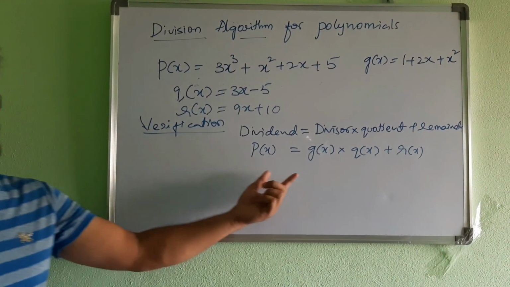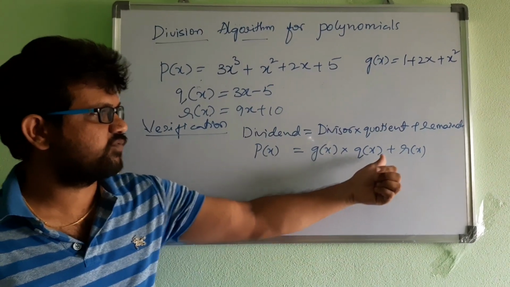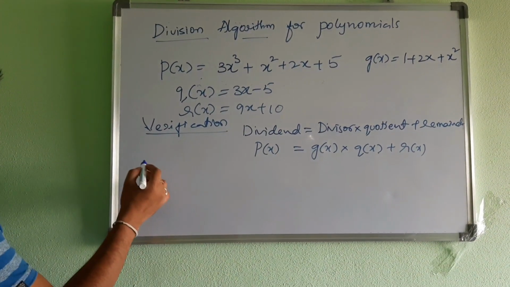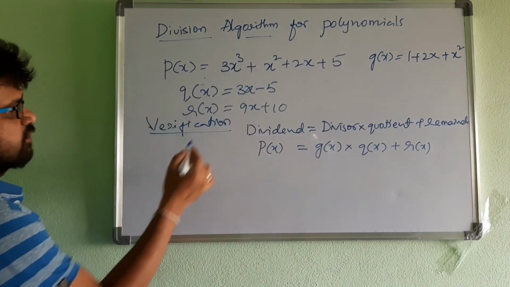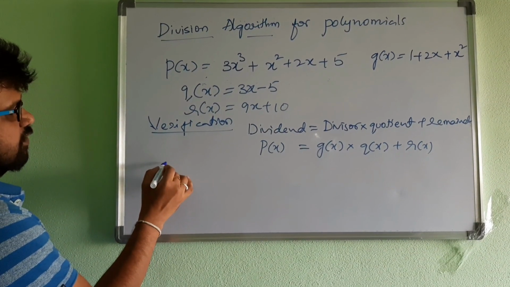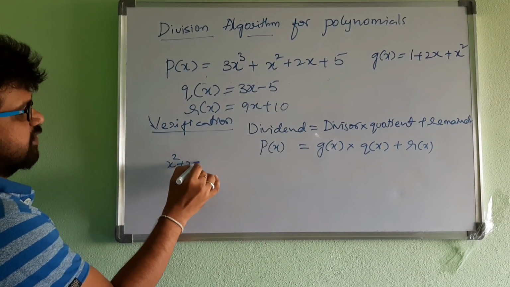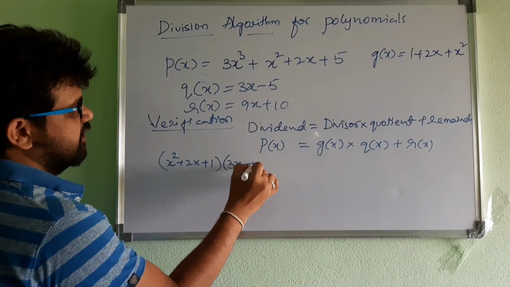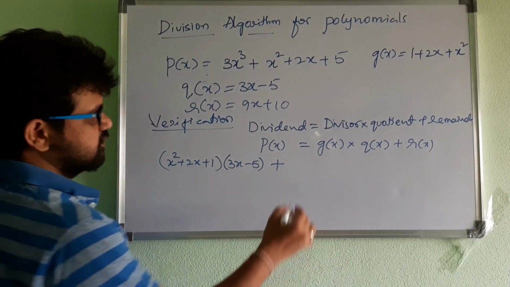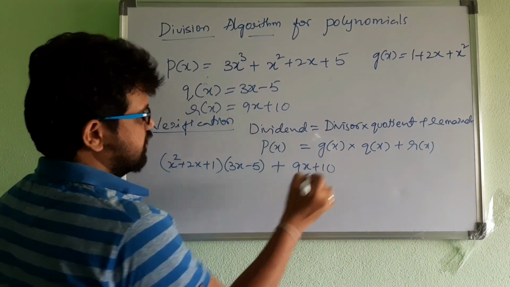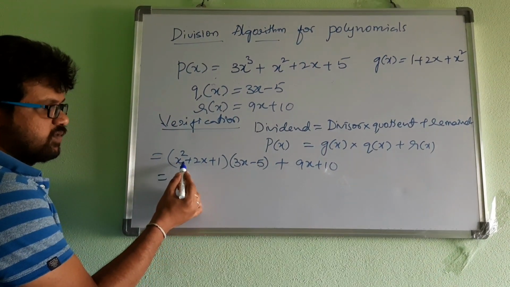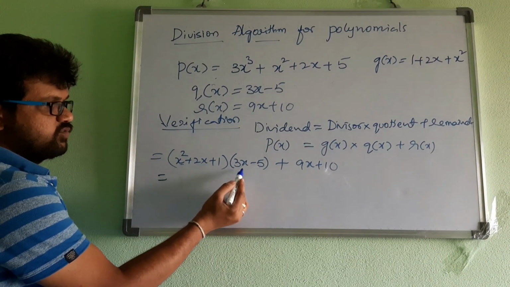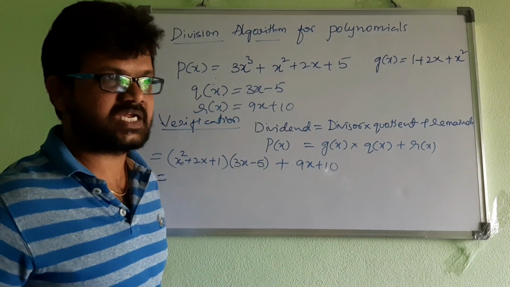So p of x must be equal to g of x into q of x plus r of x. So g of x is x square plus 2x plus 1, into q of x, 3x minus 5, plus r of x, 9x plus 10.